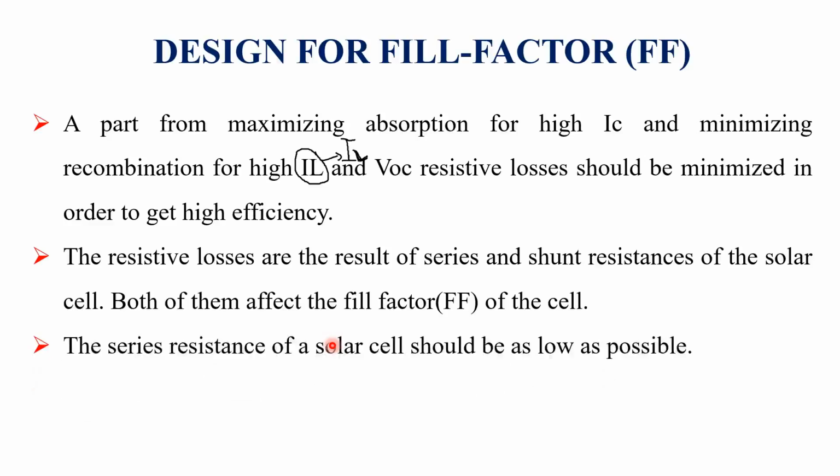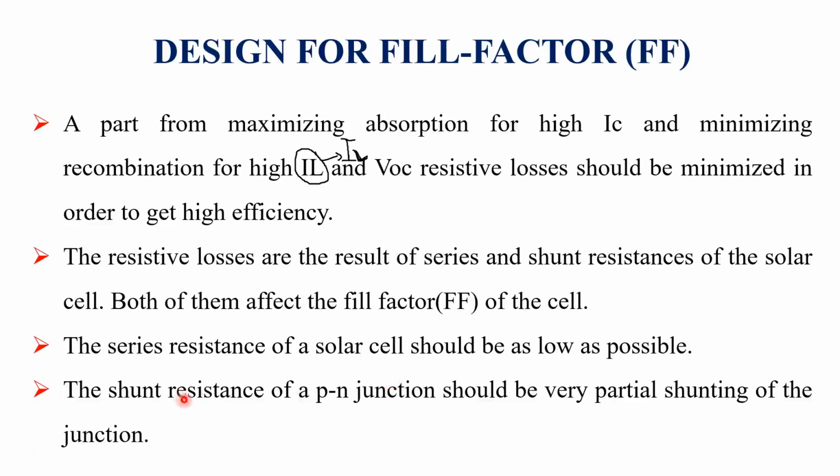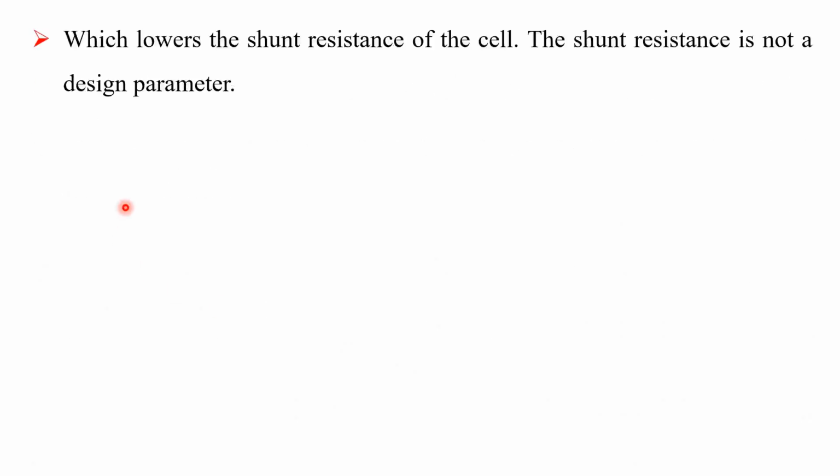The series resistance of a solar cell should be as low as possible, and the shunt resistance of a PN junction should be very high. Leakage across the junction lowers the shunt resistance of the cell.